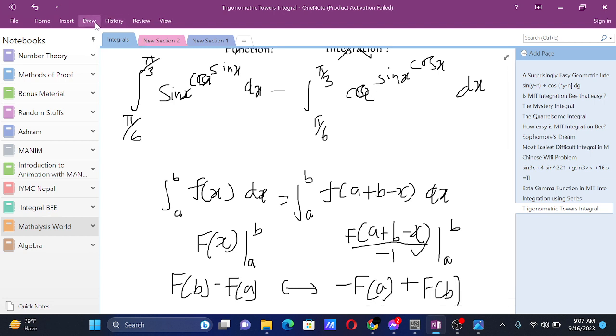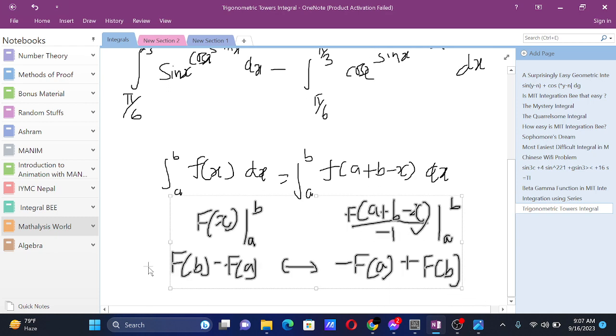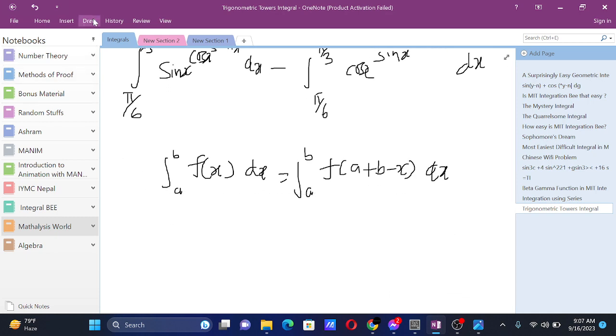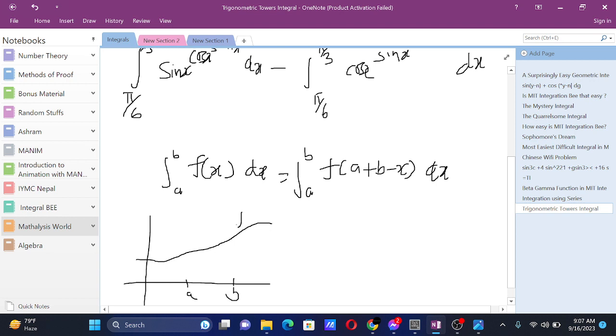And you can also see why this holds geometrically. The geometric interpretation is also quite easy to understand. First of all, the integral from a to b of f of x dx, if this is f of x, is just this area.